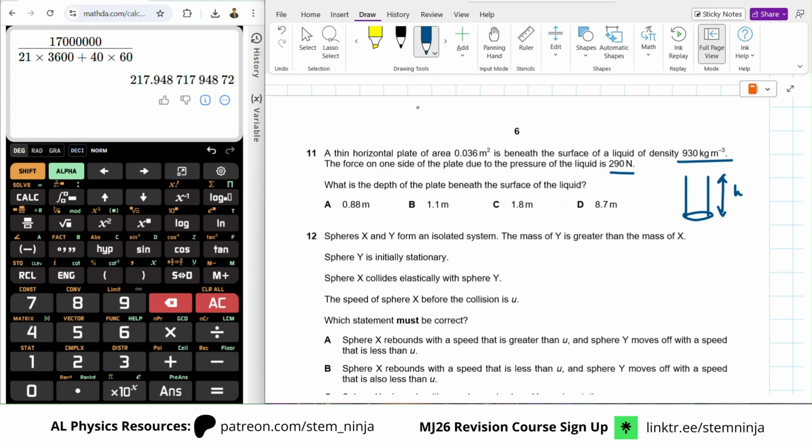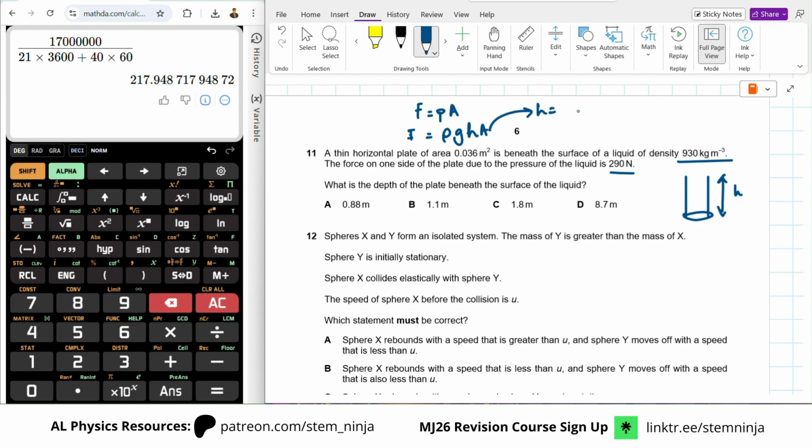So basically we know that force is equal to pressure times by area, and pressure, since due to the column of a liquid, is rho g h, and A is the cross-sectional area. H is what we just simply need to figure out. We have the force, we have everything.